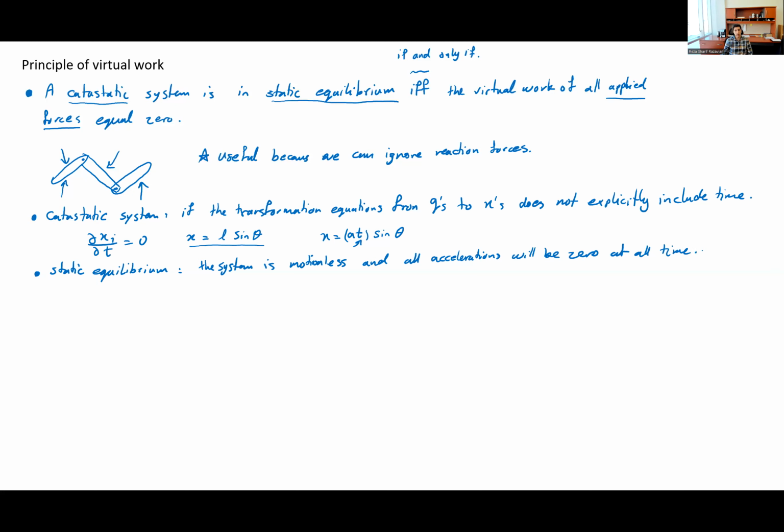So we're talking about the entire system and acceleration of every body and particle in that system. That's how we define equilibrium for the entire system.